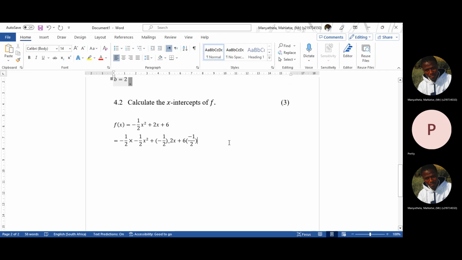You can do that on your calculator. No, I made a mistake. We don't multiply by negative 1 over 2. Okay, let's start afresh.